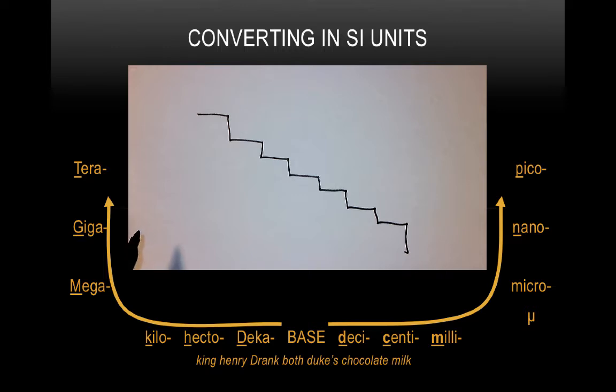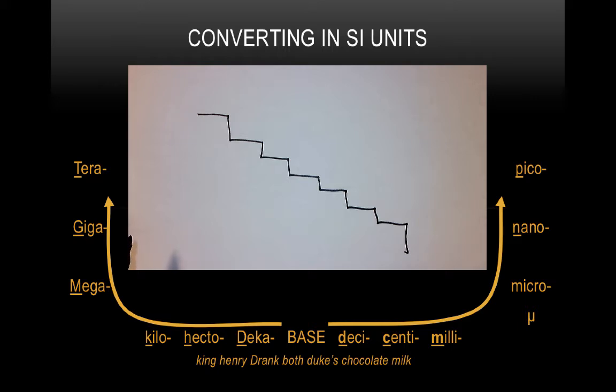The one on the PowerPoint here is: King Henry drank both Duke's chocolate milk, where the B in both is for base, the base unit. I've also seen it where you have a 0 or an O in the middle for no prefix, and you do something like: kids have dropped over dead converting metrics. King Henry died of drinking chocolate milk. I've seen lots of different versions. You can have your own mnemonic if you want.